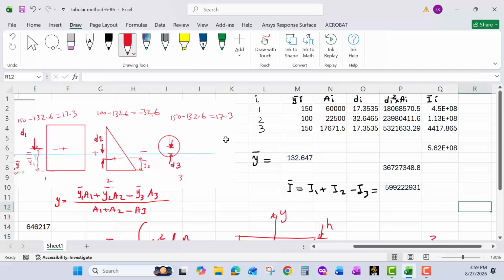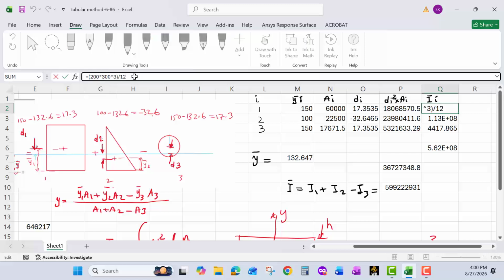For a rectangle, that is 1/12 BH³, so that is equal to 1/12 B multiplied by H³. For the first rectangle, B, which is the width, is equal to 200, and height is 300. So that is the standard value of I.